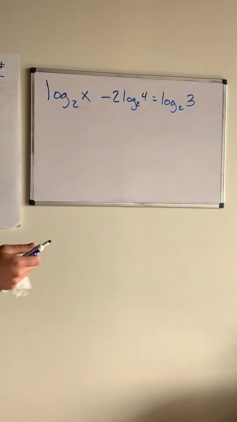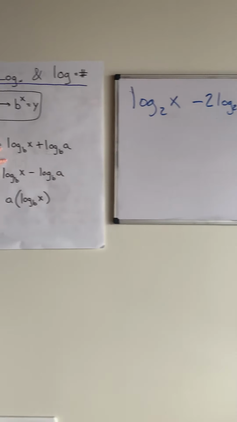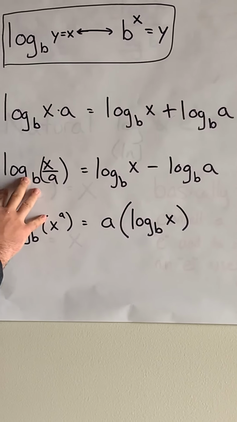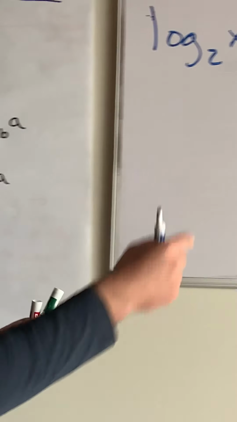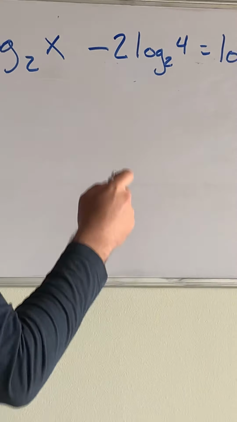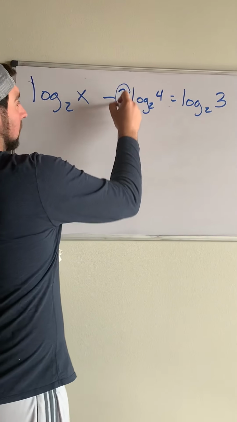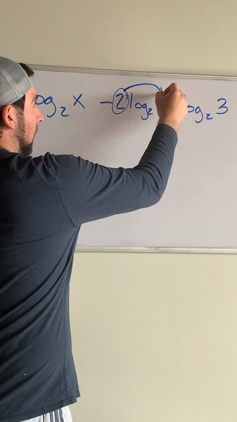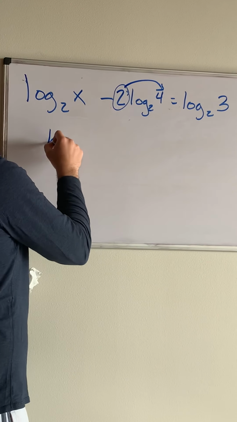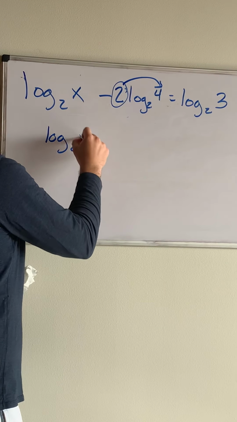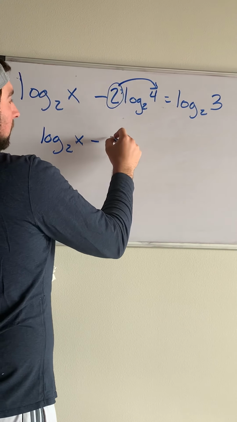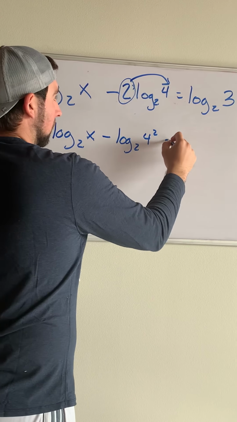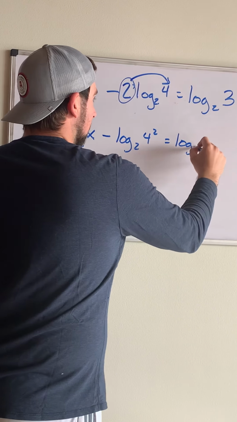So I have to incorporate these log properties right here to get it simplified to where it's just a log equals a log. So the first thing I notice is that 2 is out front. I can use my exponent, so that goes up above. So now I have log base 2 of x minus log base 2 of 4 squared equals log base 2 of 3.